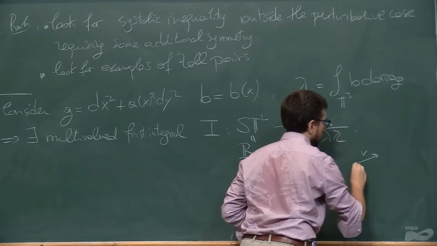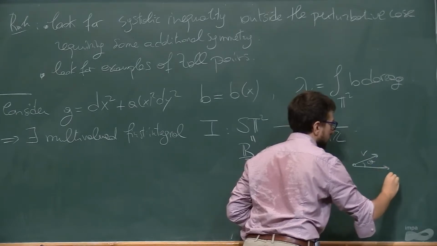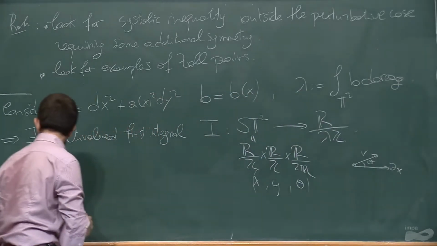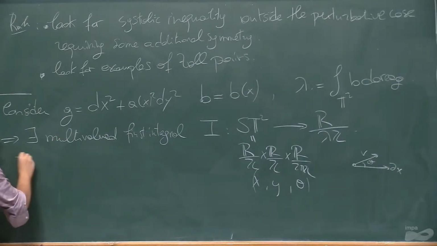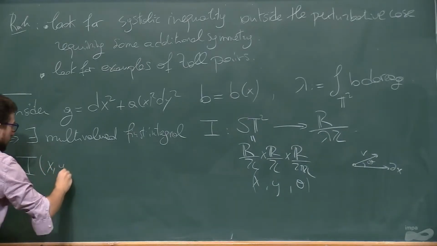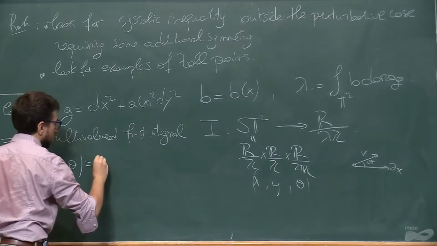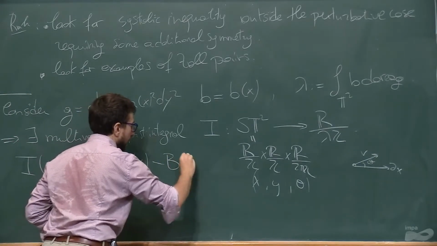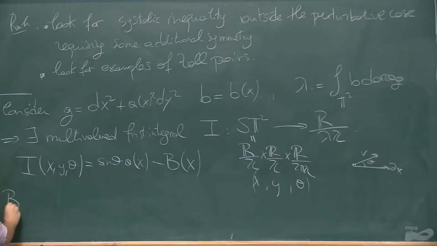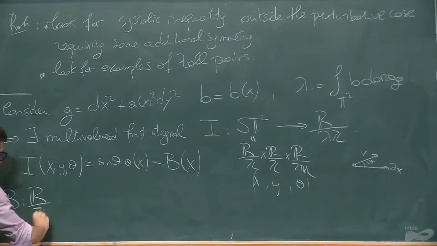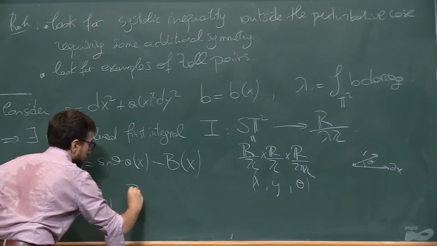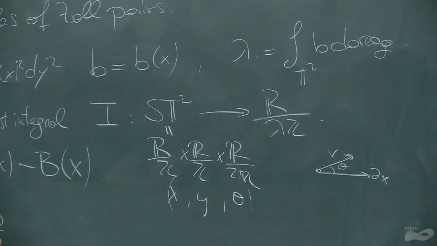So if this is v, then here we have theta, and this is the horizontal direction. With this convention, the function I has a very simple form: sine of theta times a(x), minus capital B of x, where capital B is a function from R over Z into R over lambda Z, with the property that the derivative of capital B is equal to a times b.